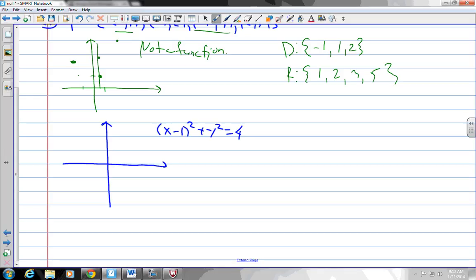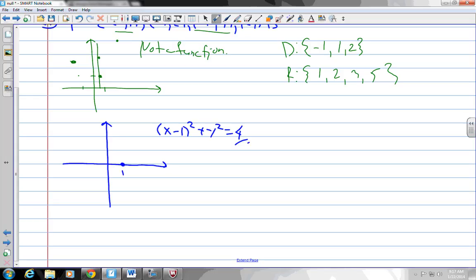Well, if I try to graph that relation, what will I get? x squared plus y squared of sorts equals some other number that's positive. What does it give me? A circle. It's a circle centered at (1, 0), so this is the center of the circle.